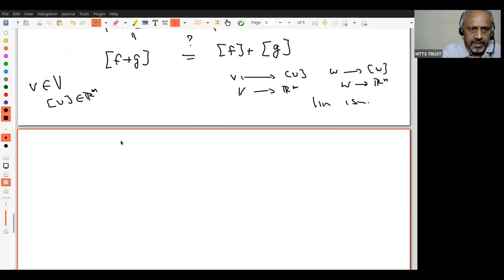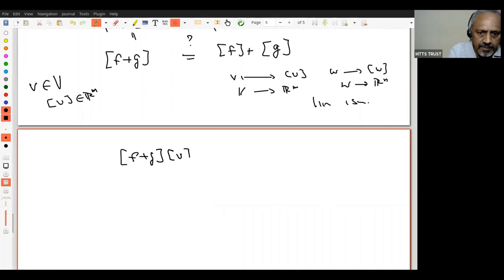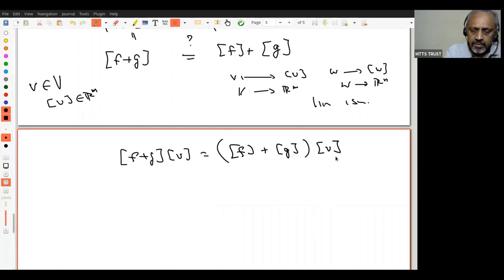Okay, right. So it's enough if I check that this matrix acting on the column vector V is the same as this matrix acting on the column vector V. Notice that I am writing all these things. Again, you should understand what is what.